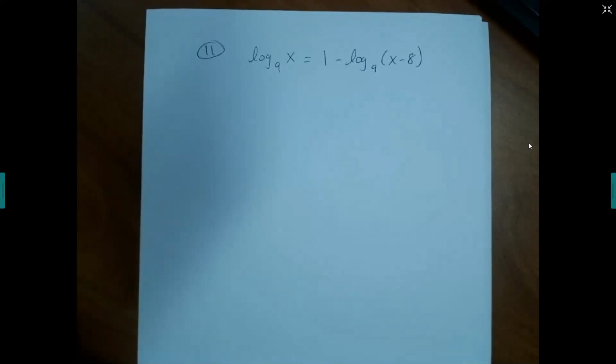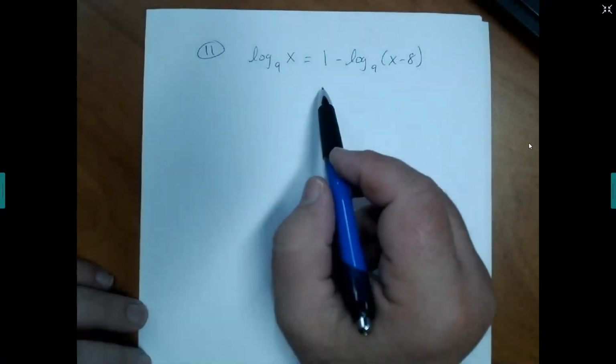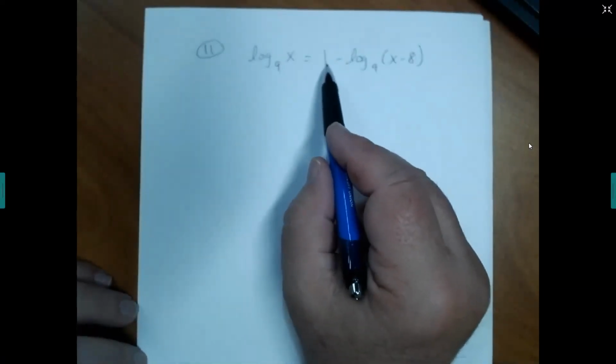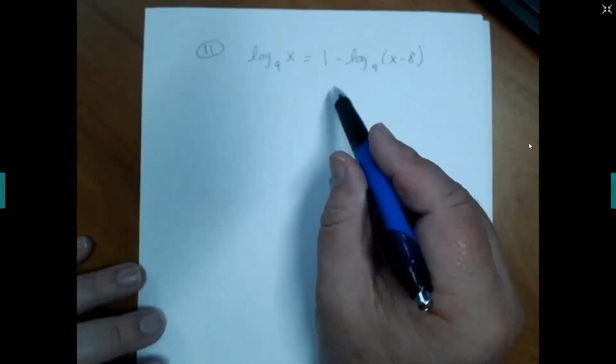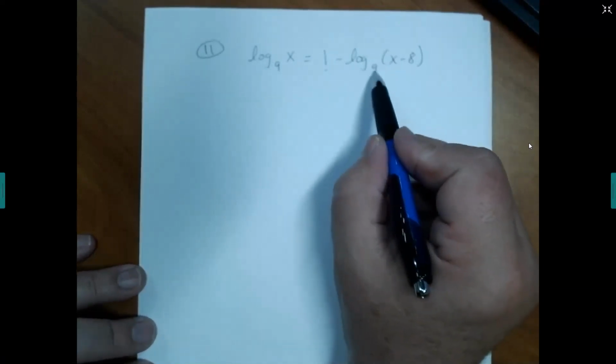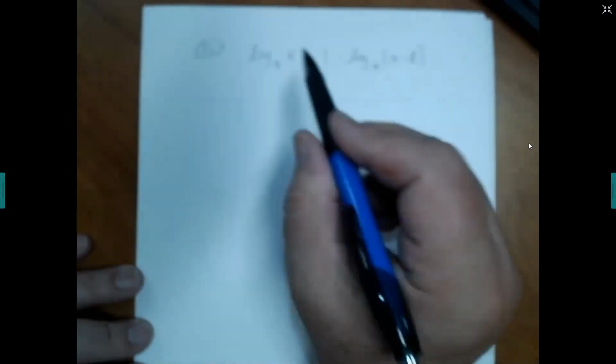So what do you think we have to do here first? So if we just get rid of the log base nines and compare what's left. Well, there is a possible way, and we'll look at that in a second. But let's move this one over to the other side. Let's move all the x's to one side.